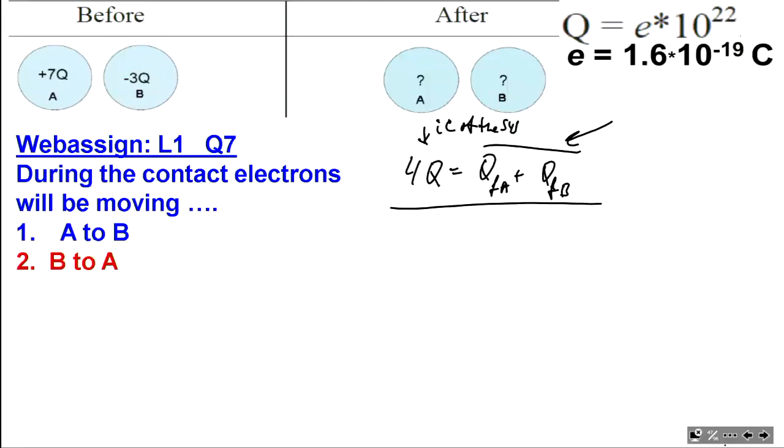That's the final charge of the system. We have one equation which has 2 unknowns. Mathematically, it should be like 7 equals x plus y.